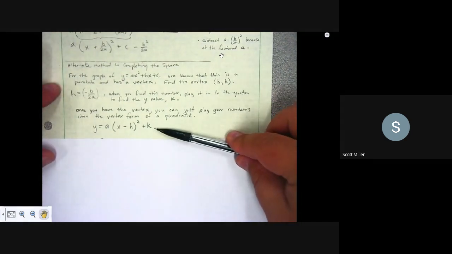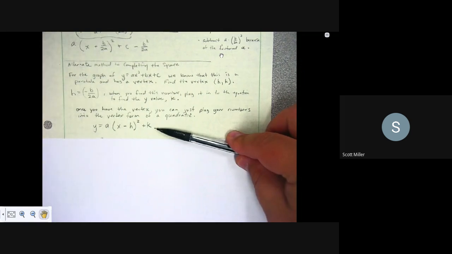So in this case, we're going to look at the problem a little bit differently. We're still going through the process. Completing the square is to put something into this format right here, which is the vertex form of a quadratic, if we're doing quadratics. So how do I go about doing this?